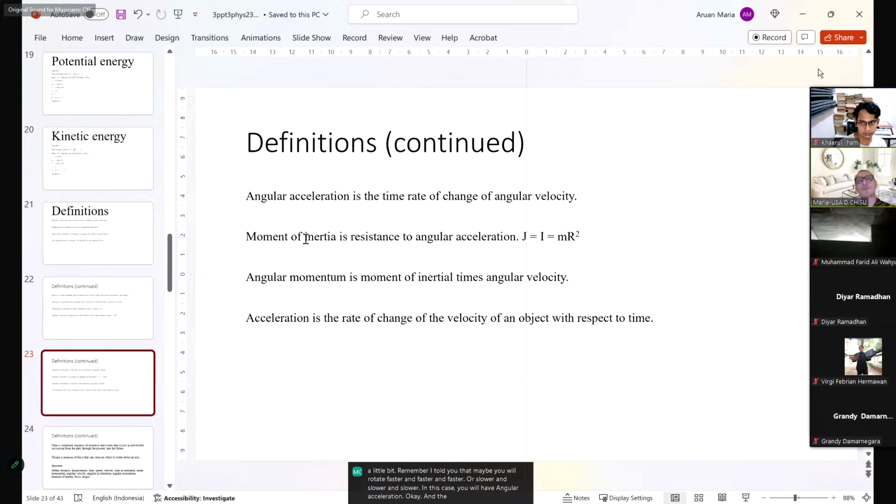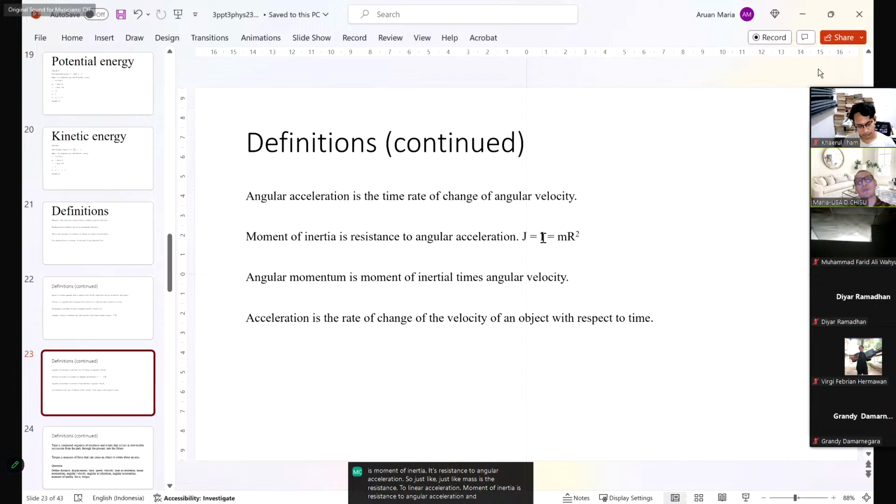And the important thing for solids is moment of inertia. It's resistance to angular acceleration. So just like mass is resistance to linear acceleration, moment of inertia is resistance to angular acceleration.